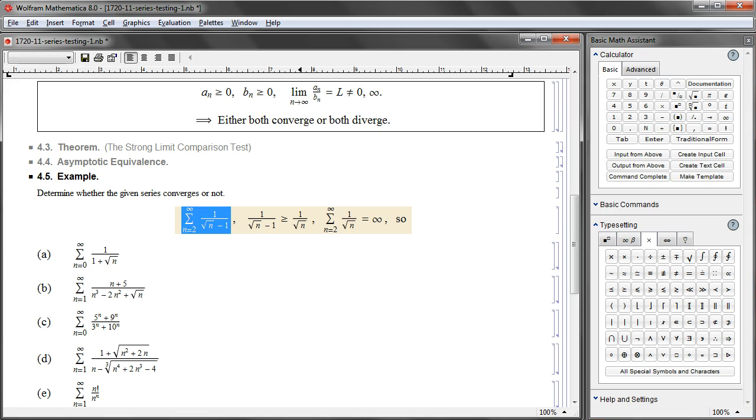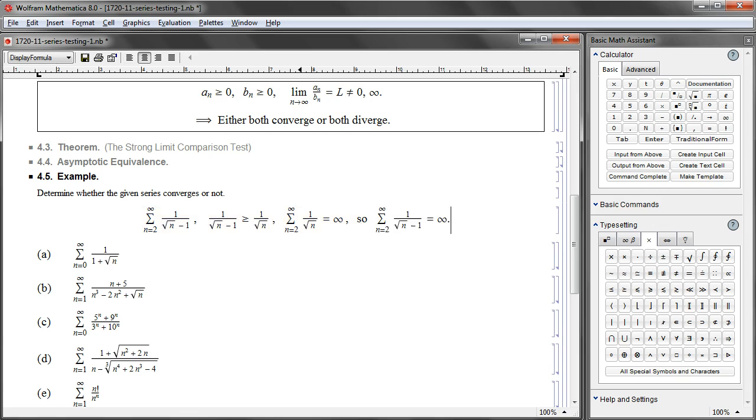So the original series, which is actually the bigger series, must be unbounded as well. The key observation was to compare with the smaller series, but even the smaller series is unbounded. Consequently, the original series is also unbounded.